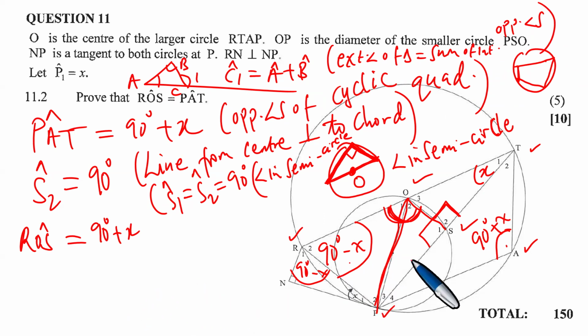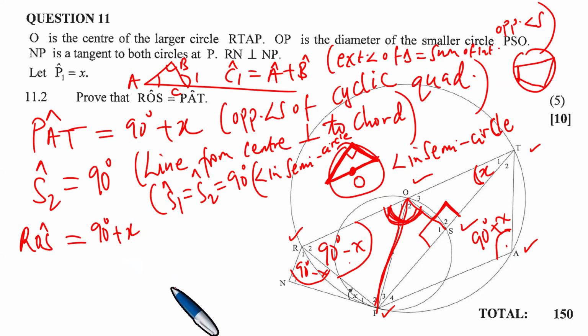So that angle ROS, which is this one here, is equal to the sum of the angles inside, which is 90 degrees plus X. That one is a grade 10 theorem.